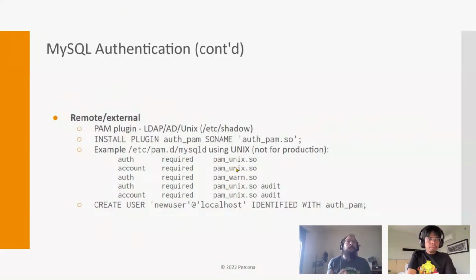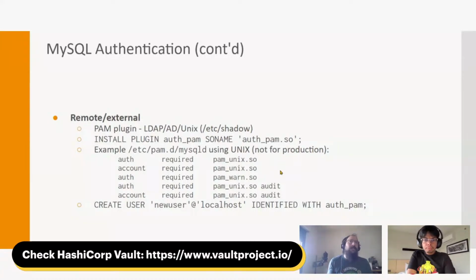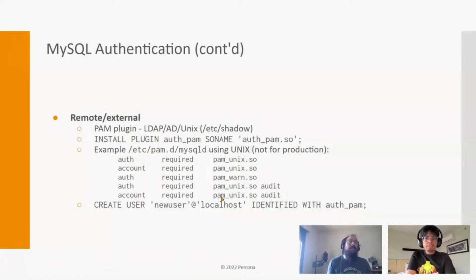In this simple example I have here, I am using PAM Unix, which basically authenticates against the /etc/shadow file. So this is not safe for production. This is just a silly example, but basically you will have /etc/pam.d/mysql, and you will have these settings.